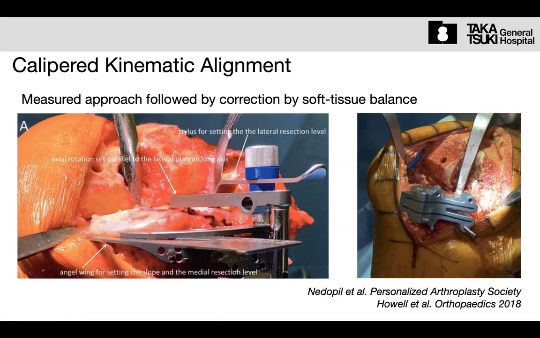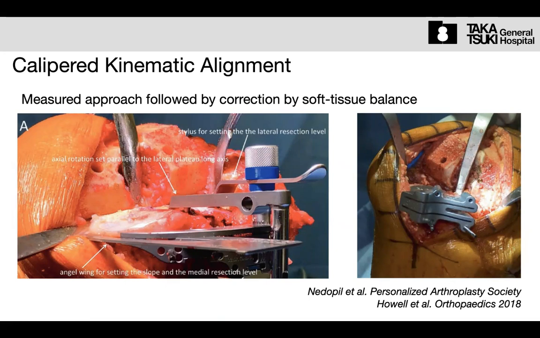But if we use a Persona, we can penetrate the pin through this tibial cutting slot. Do you remember? Before deciding the posterior slope, I always penetrate the gold pin through the cutting slot of the tibial cutting guide, and then adjust the inclination of the extramedullary rod to be parallel to the pin, to be parallel to the medial articular surface.